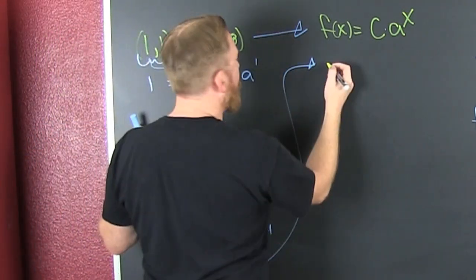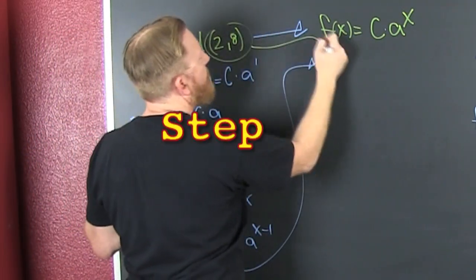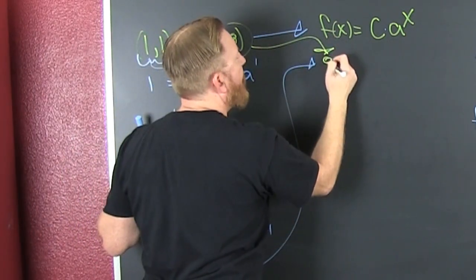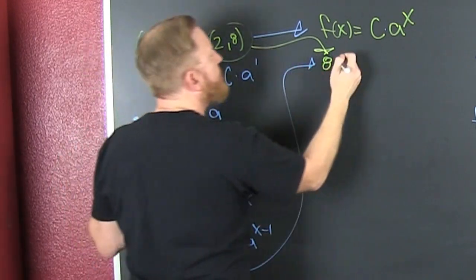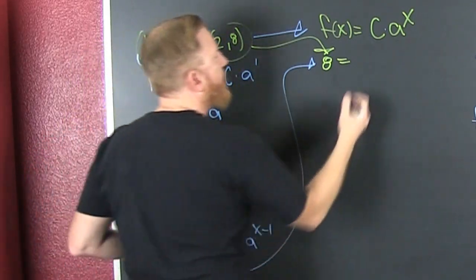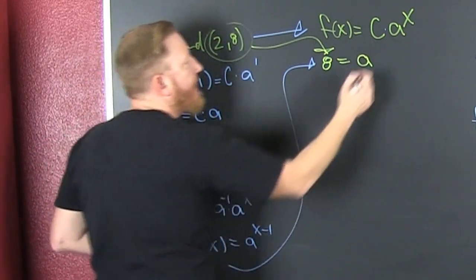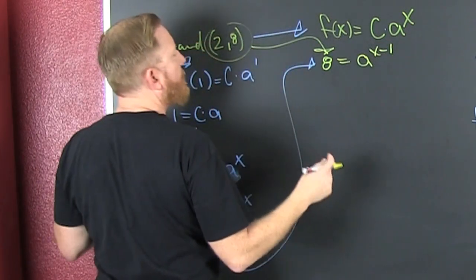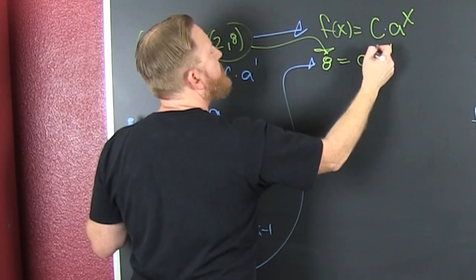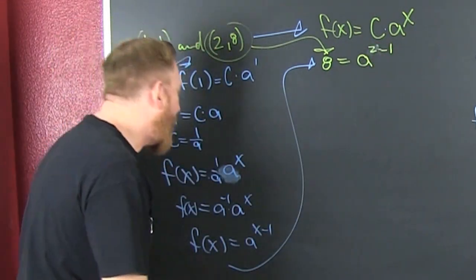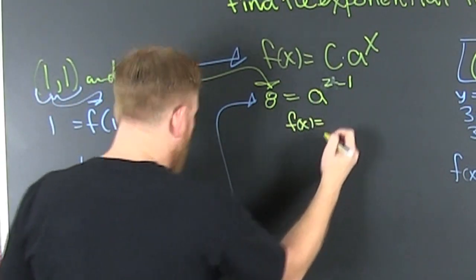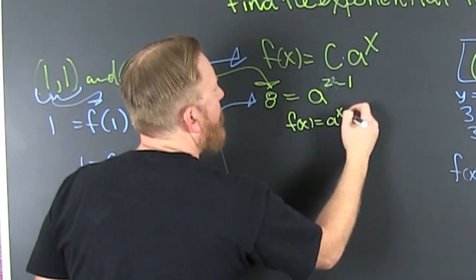So I'm trying to find my a. Now, I have my y, my f of x, formerly known as y. That's 8. That's going to be equal to a to the x minus 1.